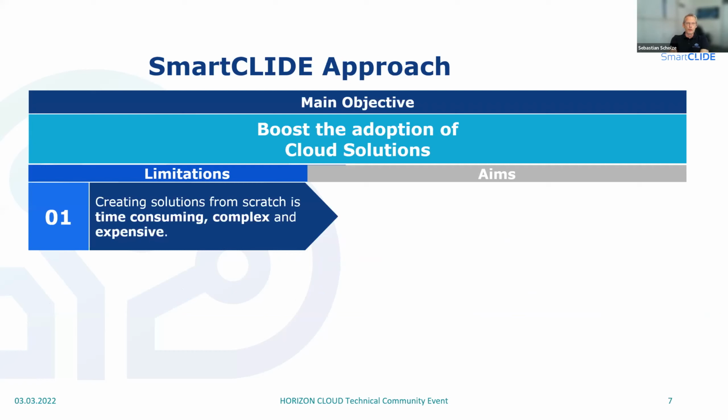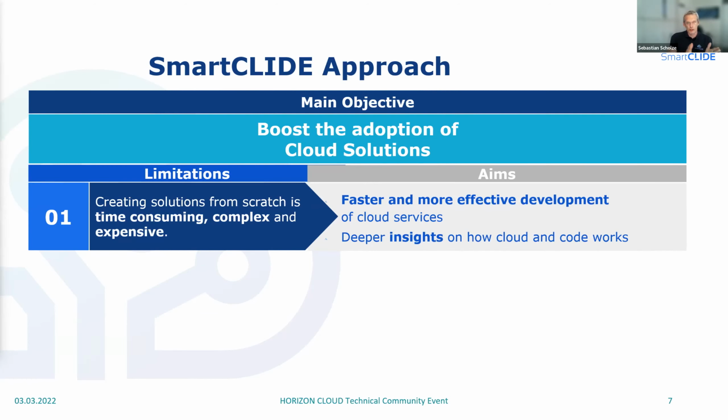What is our approach? I just said, the idea is to boost the adoption of cloud solutions. When we look at current solutions, you find several limitations, and I think we all know them. For example, this what is listed here as first one. If you want to create a software solution from scratch, that's very time-consuming, complex, and very expensive.